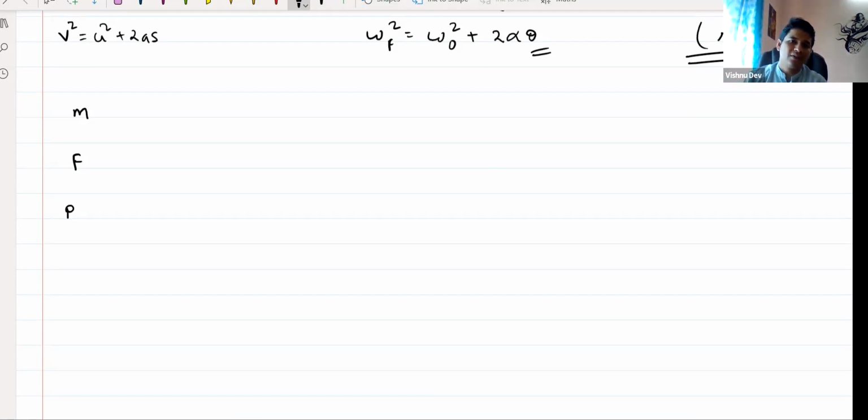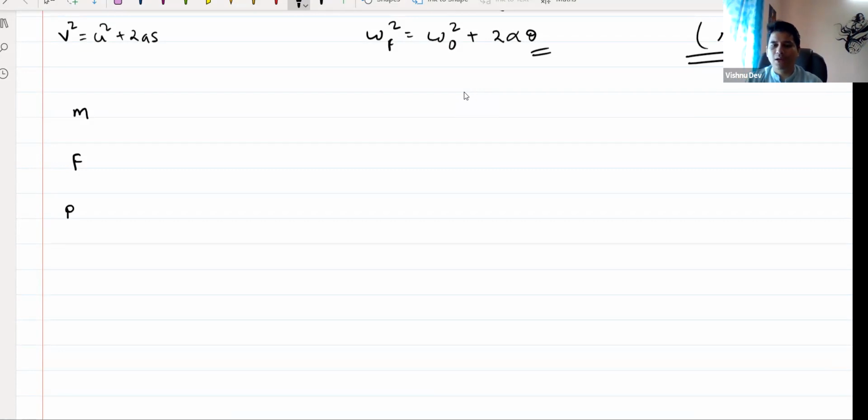Now, what is that thing? It cannot be just mass, because it has to be something different. But it should depend on mass also.